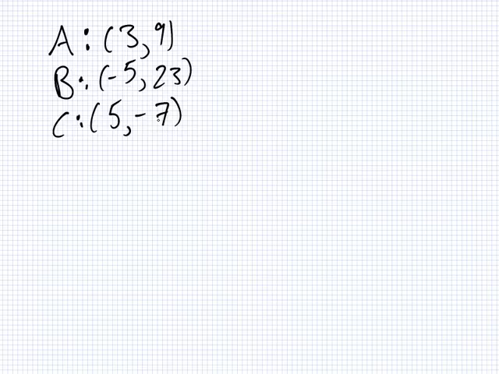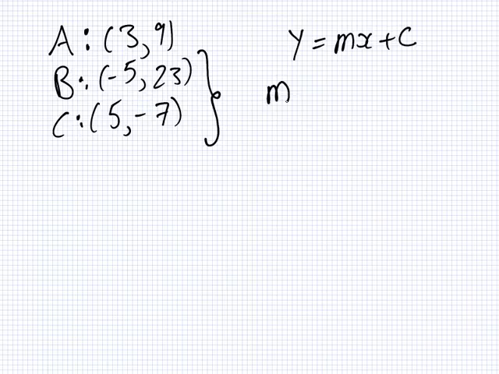Use the point B and point C to y equals ax plus b. So we can use these two in y equals mx plus c. Do you remember how to get the m? What's the rule?